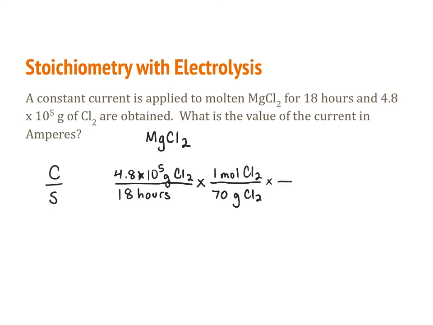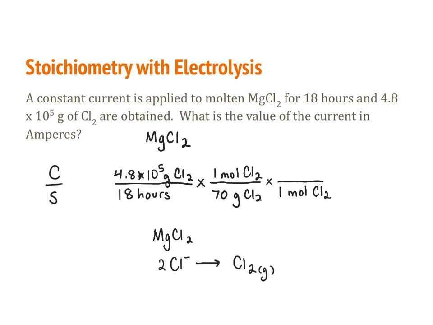Now here's the step where I said on the last problem it didn't seem that critical, but here it's going to matter more, where we're thinking about how many electrons are transferred for every mole of the substance that we're forming. So if we think about this process in MgCl2, we've got 2 chloride ions in this molten solution, and we're changing them into chlorine gas.